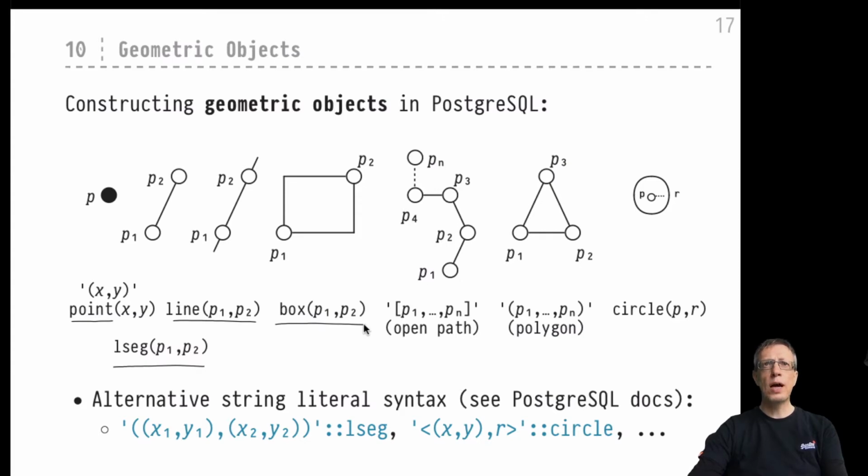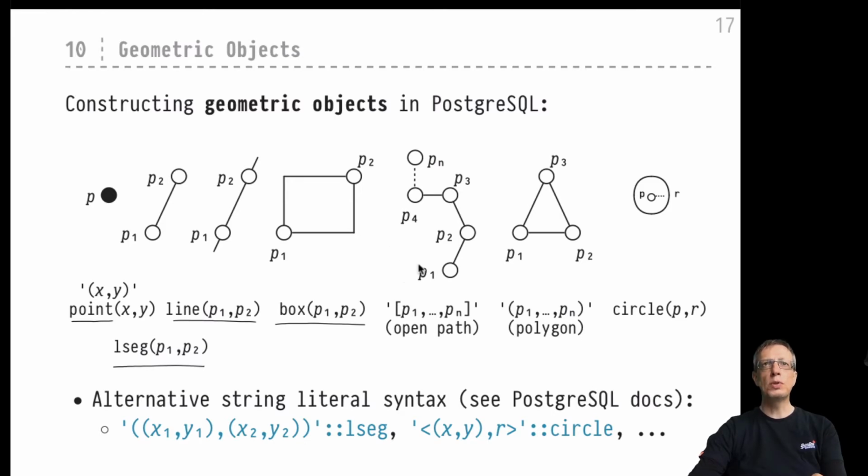We would have syntax to describe open paths, so just a collection of points that are connected if they're adjacent in this textual syntax, using the square brackets, as you can see. All right, so this would be an open path. It's not required that P1 and Pn, the final point of this path, are indeed the same point.